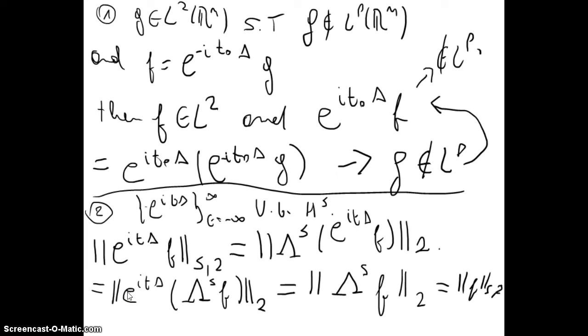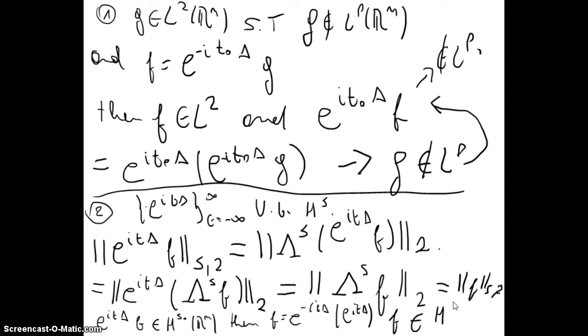So if, let's say, e^{itΔ} of f is in H^{s_0} of Rn, then f equals to, well, it's going to be e^{-itΔ} of e^{itΔ} of f, and it's going to be also in H^s.